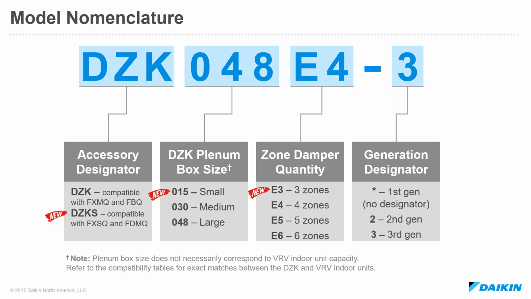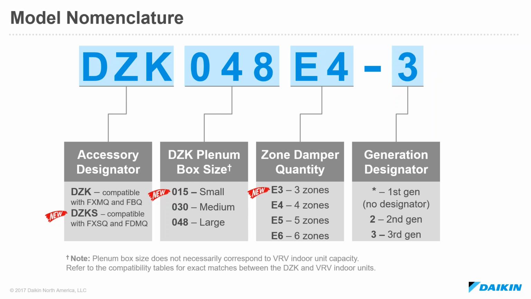The E4 in this model number example represents the number of dampers in the DZK. With the introduction of the DZKS and that small frame plenum box size, we've also introduced a very small 3-zone outlet.